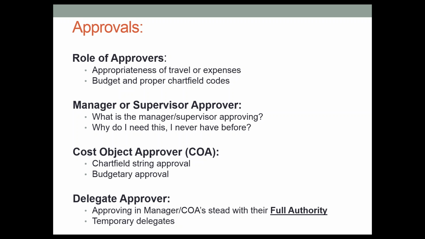So the chart field string, where the funding source is coming from, if it's a split funding source, if it's a single source but it's a grant outside of my department, etc., there is a unique approver that's associated with the chart field string, and the travel request or expense report routes to the person that owns that chart field account. So if I'm splitting between two funding sources, there could actually be multiple approvers between those two funding sources. It will route to both or all of those.